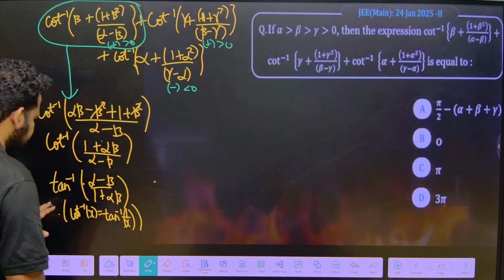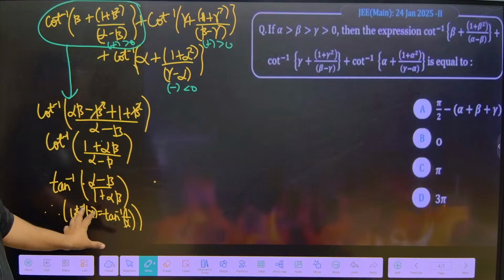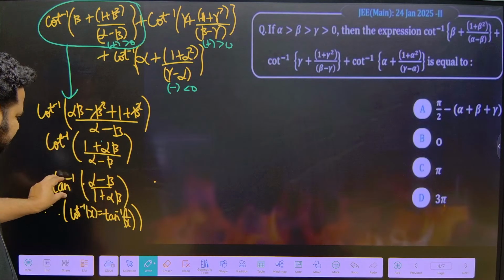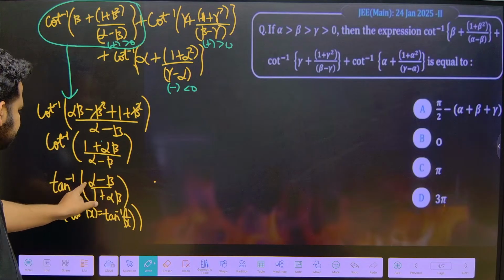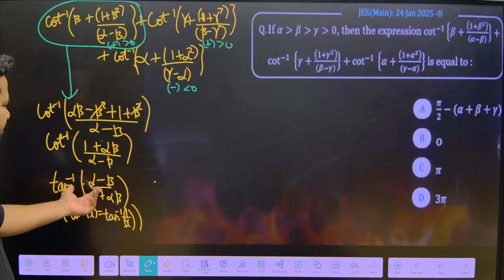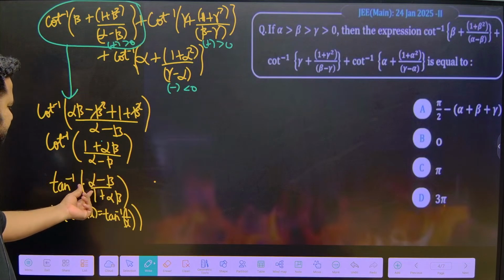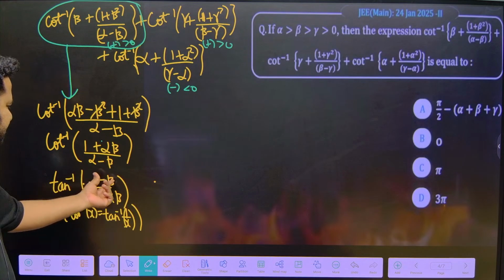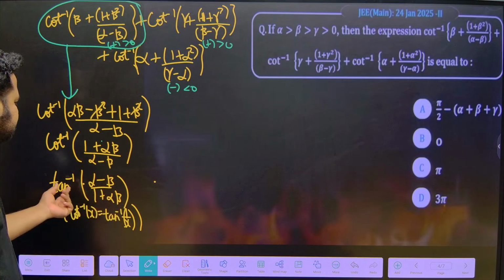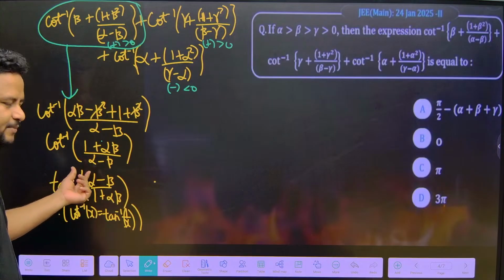This is the property I have used, so it becomes its reciprocal. Now tan inverse of alpha minus beta by 1 plus alpha beta is nothing but tan inverse of a minus b by 1 plus ab, which is nothing but tan inverse of a minus tan inverse of b.